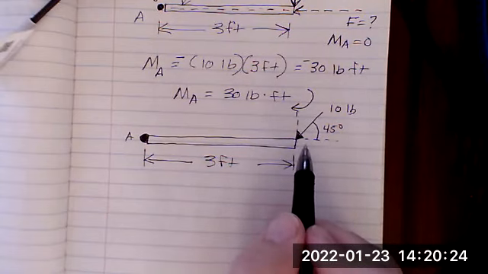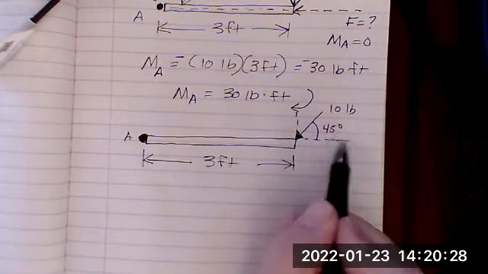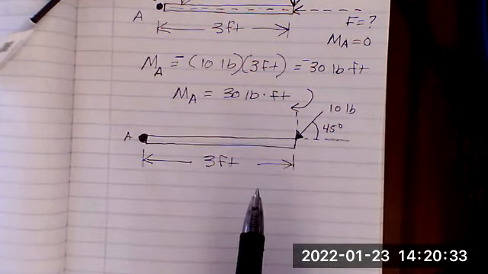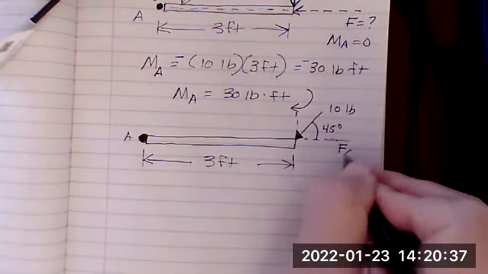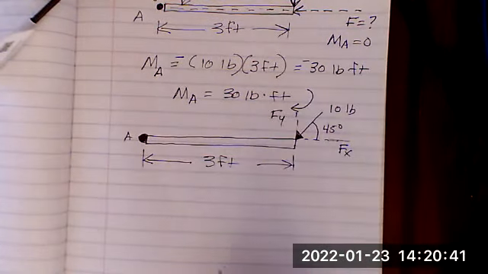It's not very thick. So we have a horizontal force here being applied. It's going to intersect point A. So we have F of x here, and we have F of y. So let's find these forces first, though.